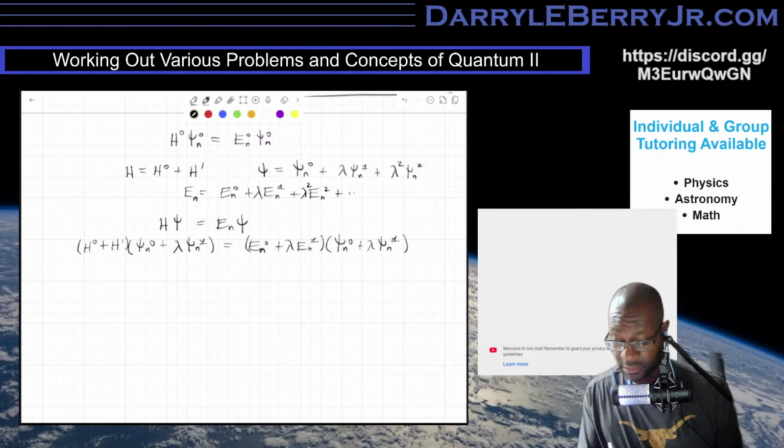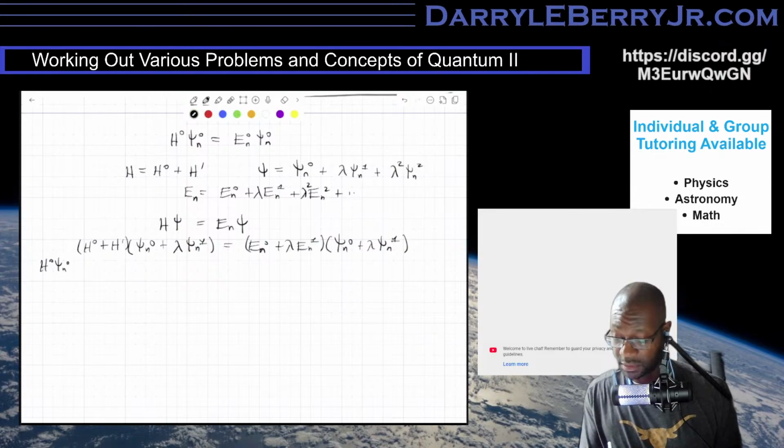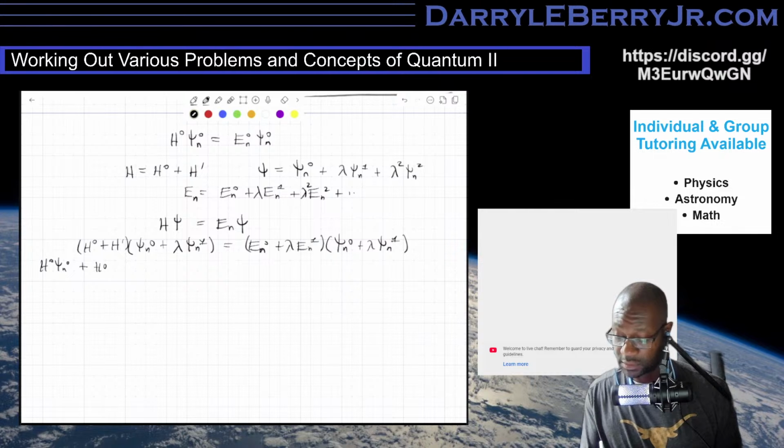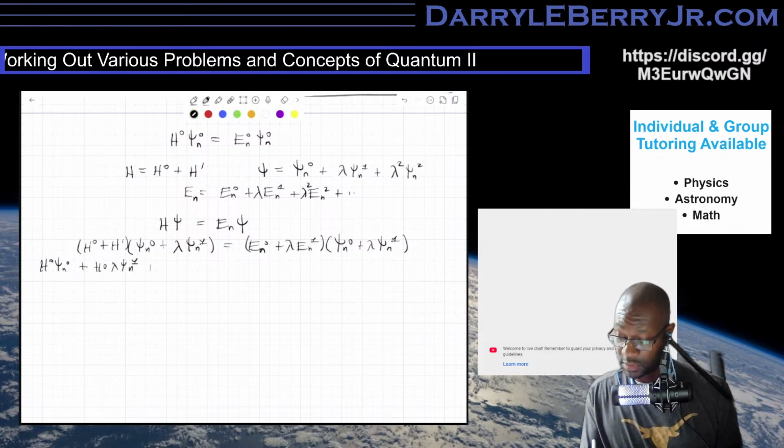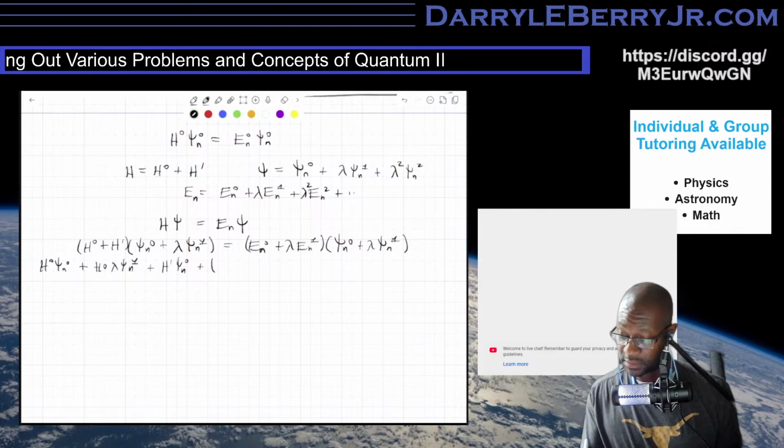If I distribute these, H naught psi n naught plus lambda H naught psi n1 plus lambda H prime psi n naught, plus a term that's going to be lambda squared, so we could ignore that.